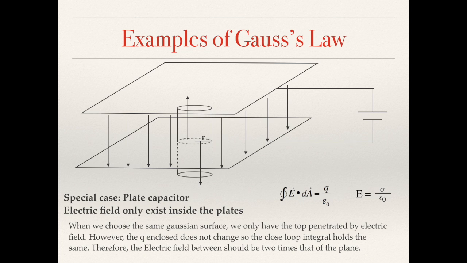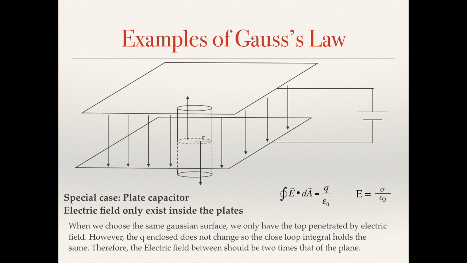Another example of the use of Gauss's law is calculating the electric field inside a plate capacitor. The first thing we notice is that the electric field only exists inside the plates. Outside the plates, we assume that there is zero electric field.